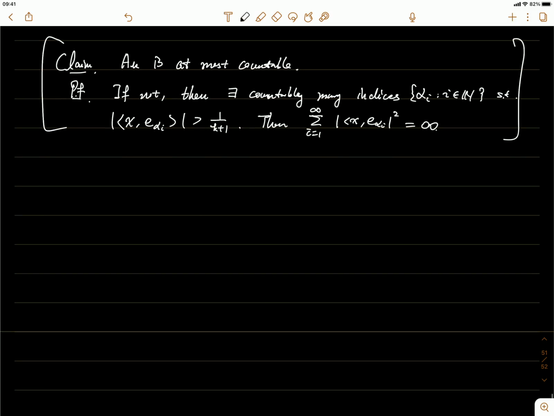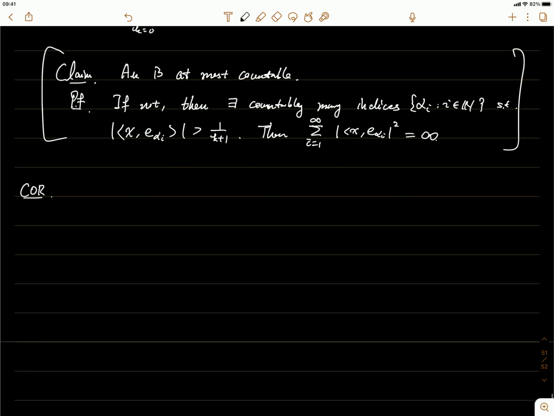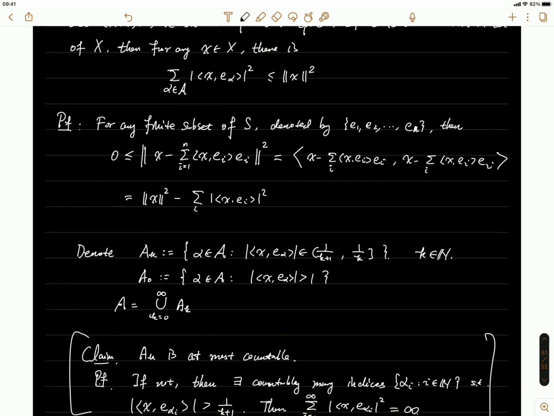Okay, so let's consider a corollary of the theorem here. Actually, because of the orthogonality, we can write out the norm here.